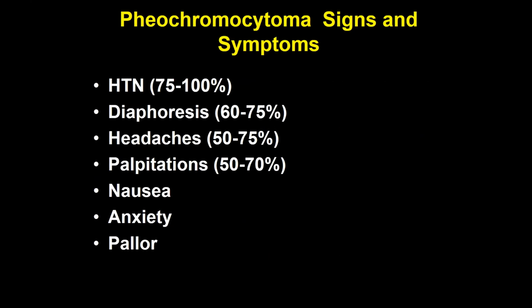So moving on from Cushing's, in terms of these patients that we see, the next group will be pheochromocytoma. The majority of these patients will have established hypertension and will complain of sweating episodes, headaches and palpitations. So this kind of triad of symptoms that we see. They may also complain of nausea, anxiety, and may appear very pale during these acute episodes.